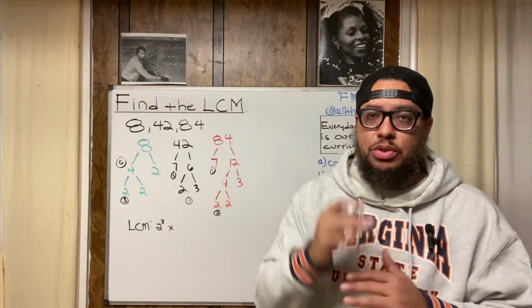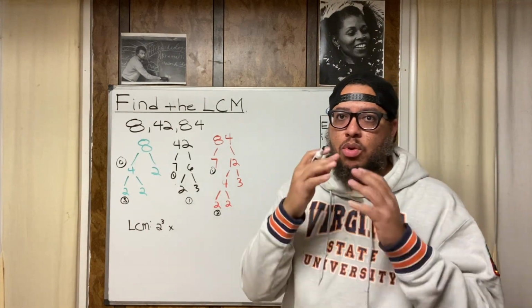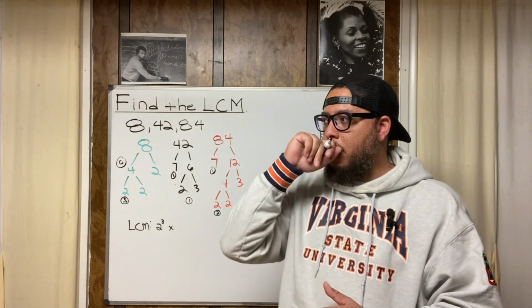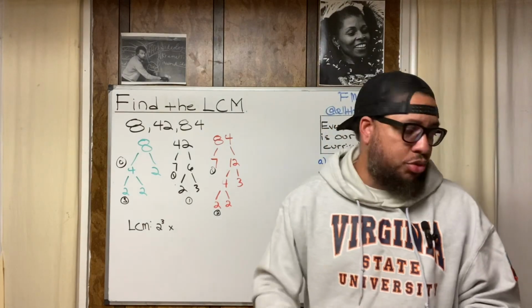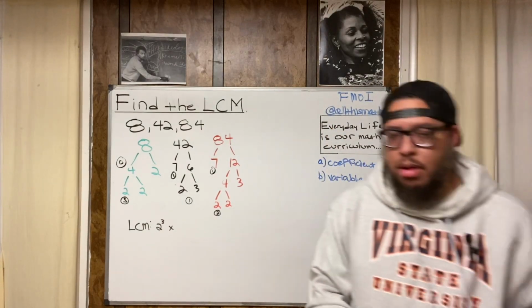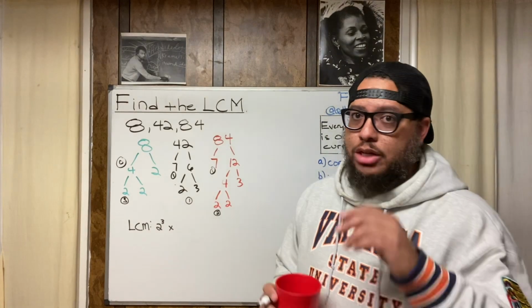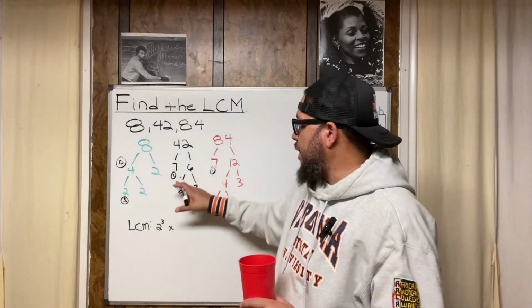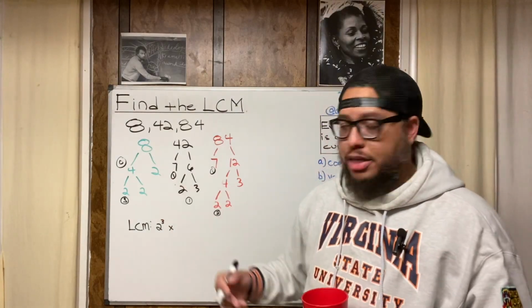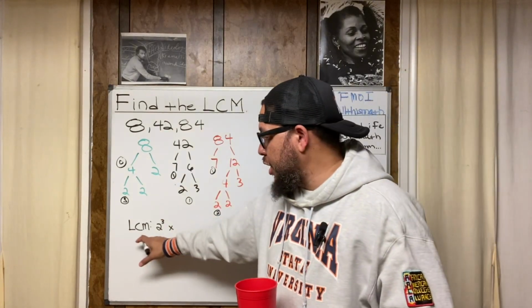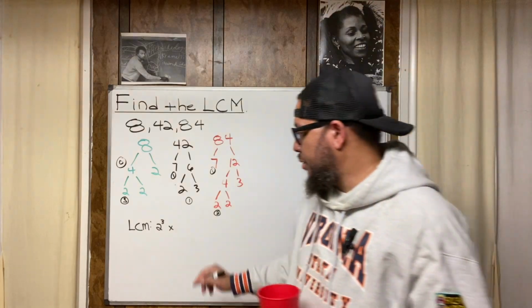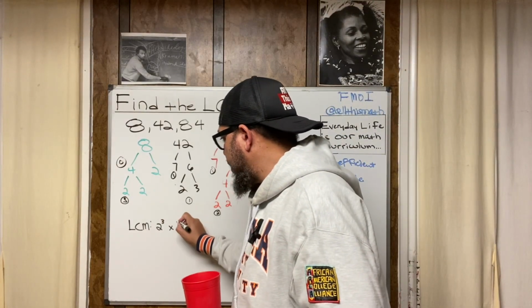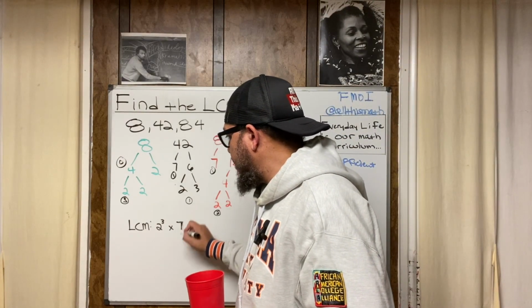That is the key question you need to keep asking yourself when you do this process. I see 0, I see 1, and I see 1. The max is 1. So to find our LCM, we need one 7, because you always take the maximum amount of that number that you see.